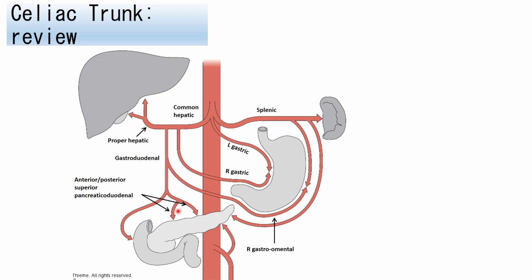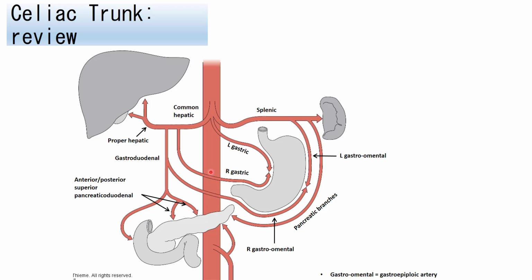There are inferior ones as well that come from the SMA. And you have your gastro-omental artery from the right and gastro-omental artery from the left. Left gastro-omental, right gastro-omental. Gastro-omental is interchangeable with gastroepiploic artery.